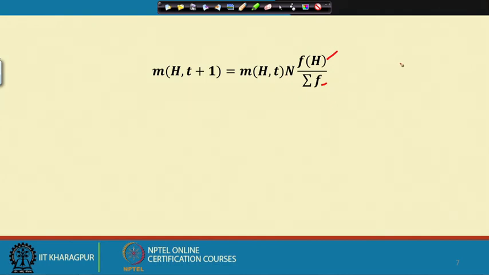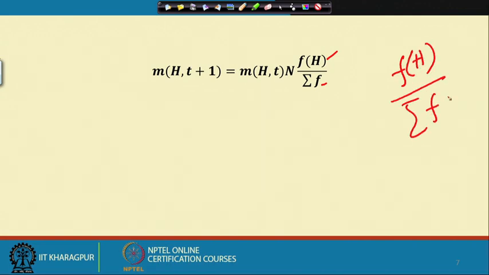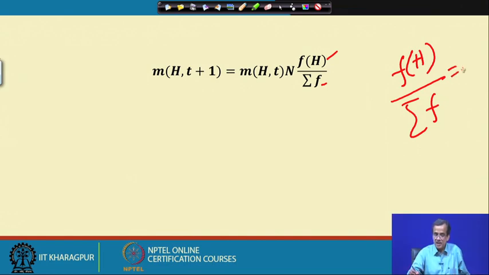That probability is nothing but f(H) divided by the sum of all the fitness values. So, this is the probability that this schema H will be selected through proportionate selection.